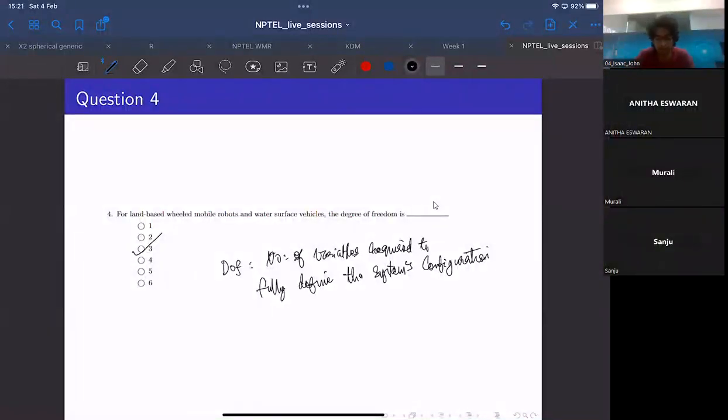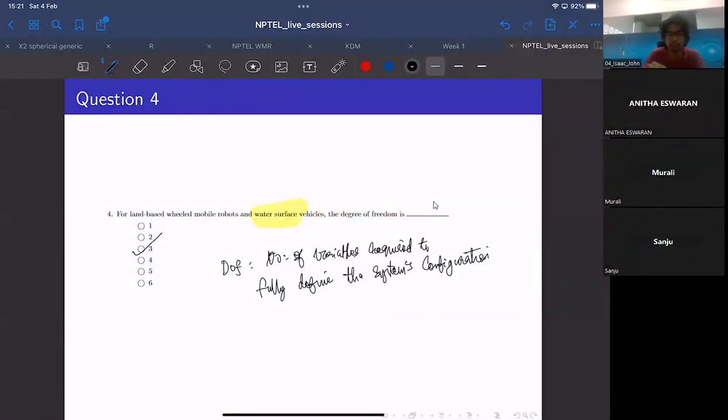And in case of water surface vehicles, notice the keyword, it cannot go underwater. It can only operate at the water surface level. So how many degrees of freedom does a planar robot have? How many variables are required to fully define the system?